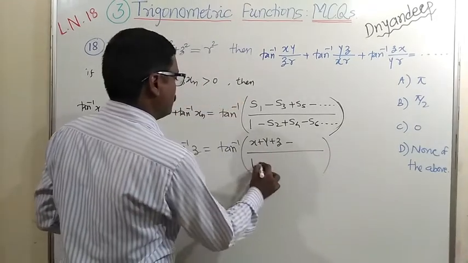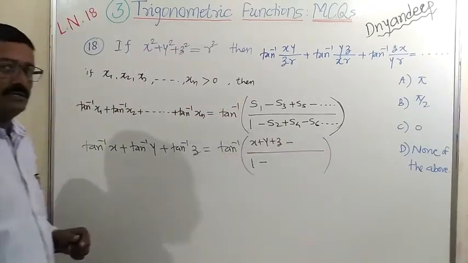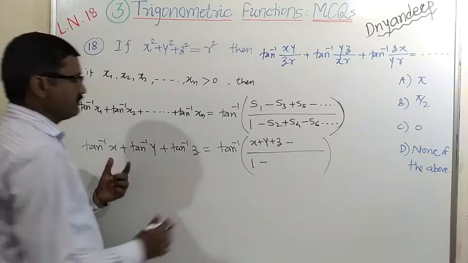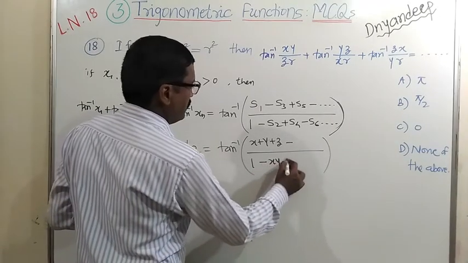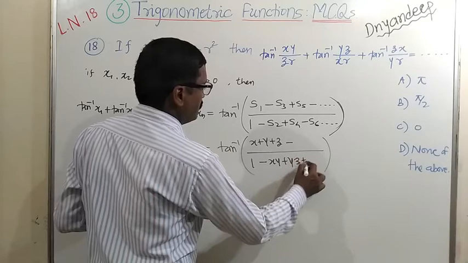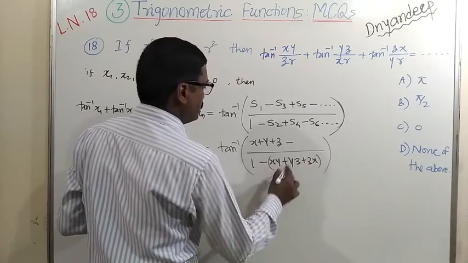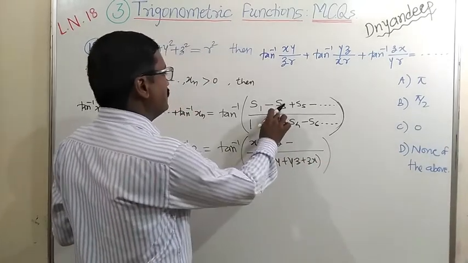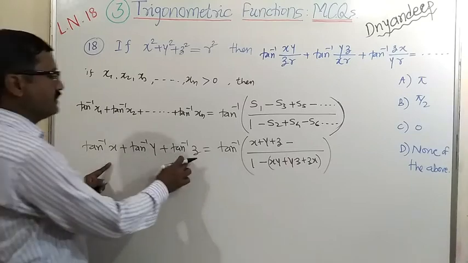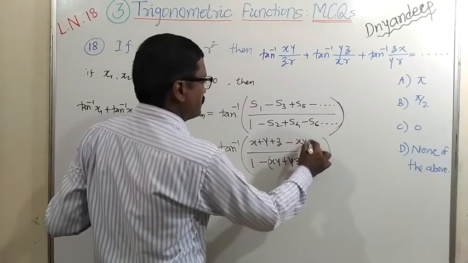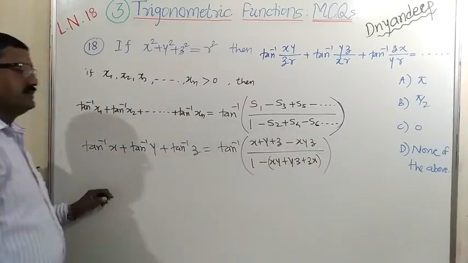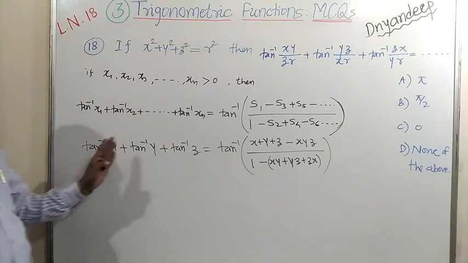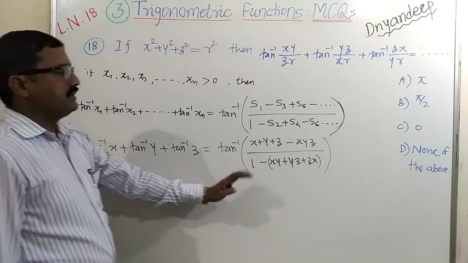What is S2? S2 is nothing but the sum of the products pairwise, that is xy plus yz plus zx. What is S3? S3 is the product of 3 terms, that is xyz. So tan inverse x plus tan inverse y plus tan inverse of z is equal to this formula.